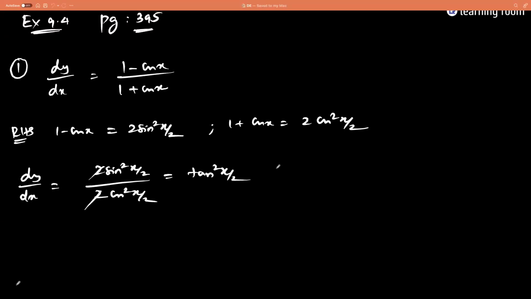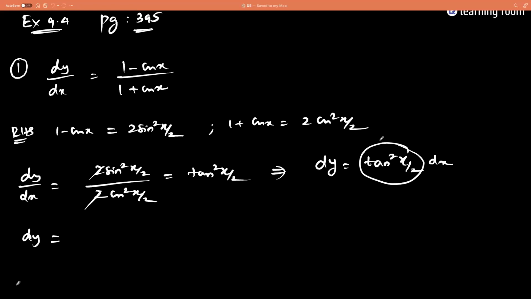Now, if you solve this using variable separable, then we will have dy is equal to tan square x by 2 times dx. Tan square x by 2 can be written as secant square x by 2 minus 1, times dx.